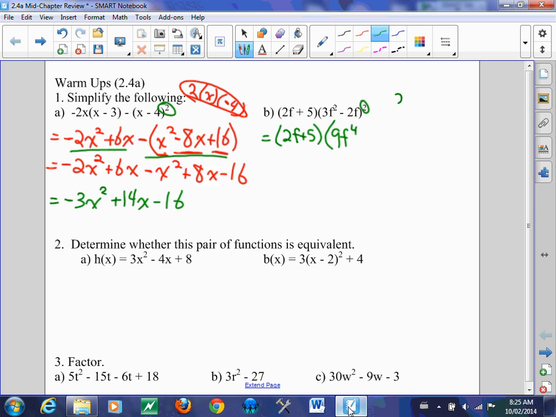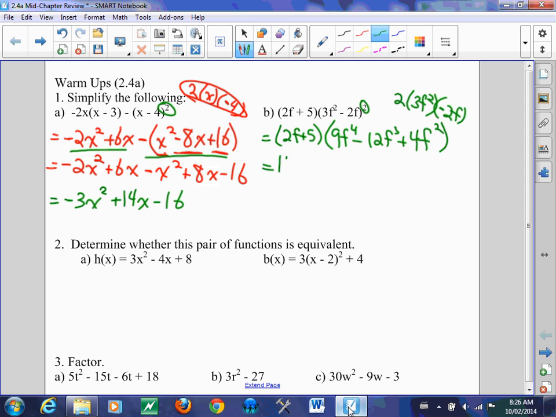Double the product, so 2 times 3f squared times negative 2f is going to give us negative 12f cubed. Okay? And then square the last, ladies and gentlemen, is going to give us positive 4f squared. All right? Okay, now we're going to apply kind of like our distributive law. We're going to multiply everything in the binomial by everything in the trinomial.